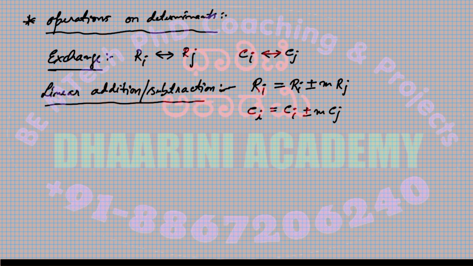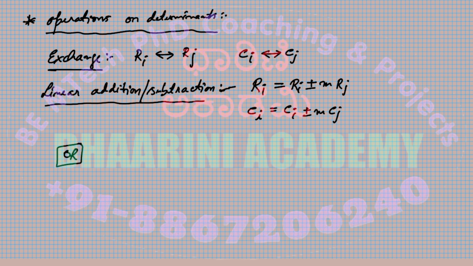This is allowed. Is this the only way? No, it's not only this. You can also perform the linear addition or subtraction of the other rows as well. Considering that we have three rows in a particular determinant, you can do the linear addition or subtraction of the first row, second row, as well as third row all at once.